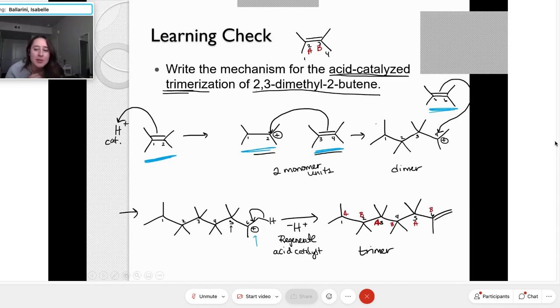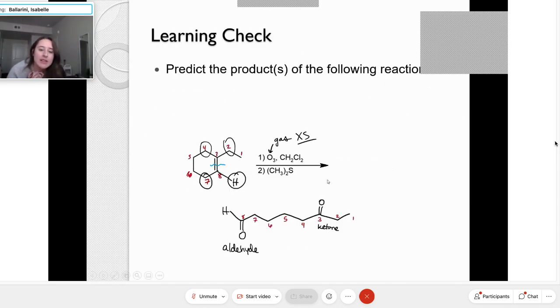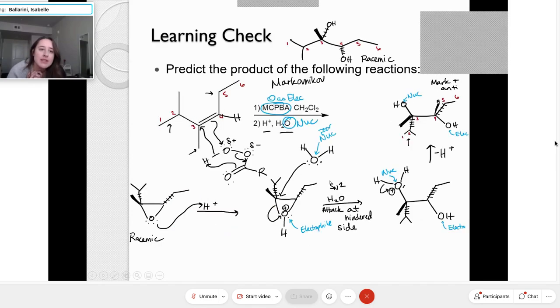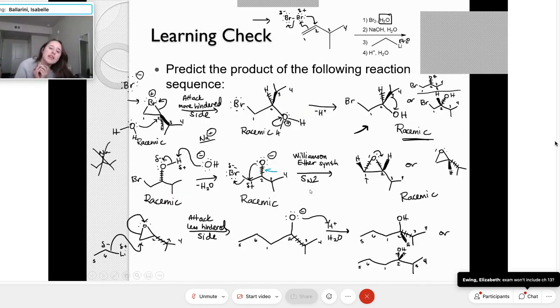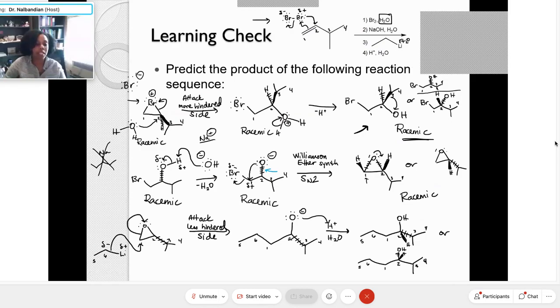For the oxycyclopropane, you attacked with the alkyl lithium on the less hindered side. How do you know if you're attacking the less hindered versus more hindered side? For this, we are attacking the less hindered side because it is a neutral ring.